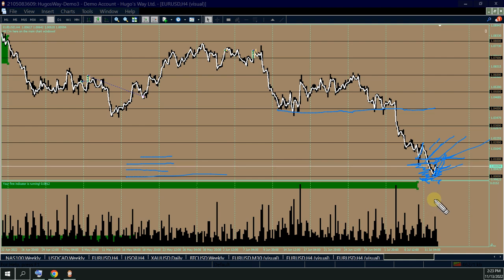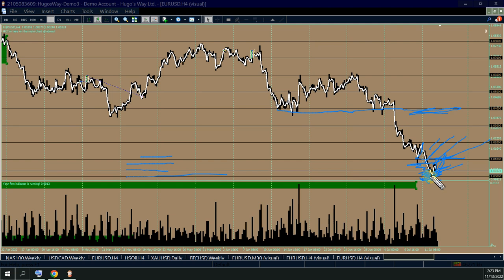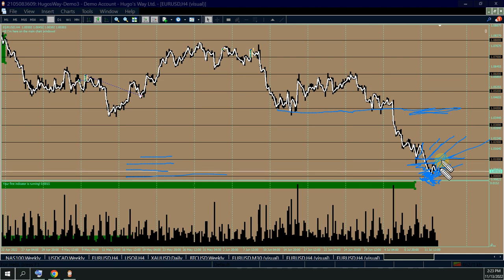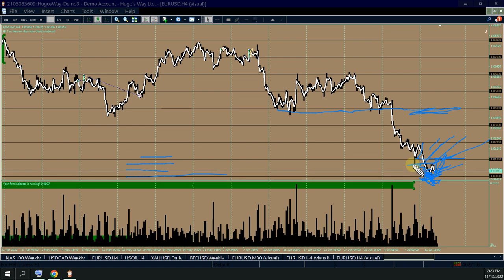Very difficult psychologically to see this target and think, well, we have to buy more down here because it's an extreme price. There's no way around it. I don't think anybody's going to deny that's an extreme price. Could you say, well, why don't you just wait and buy down here where it's really low?